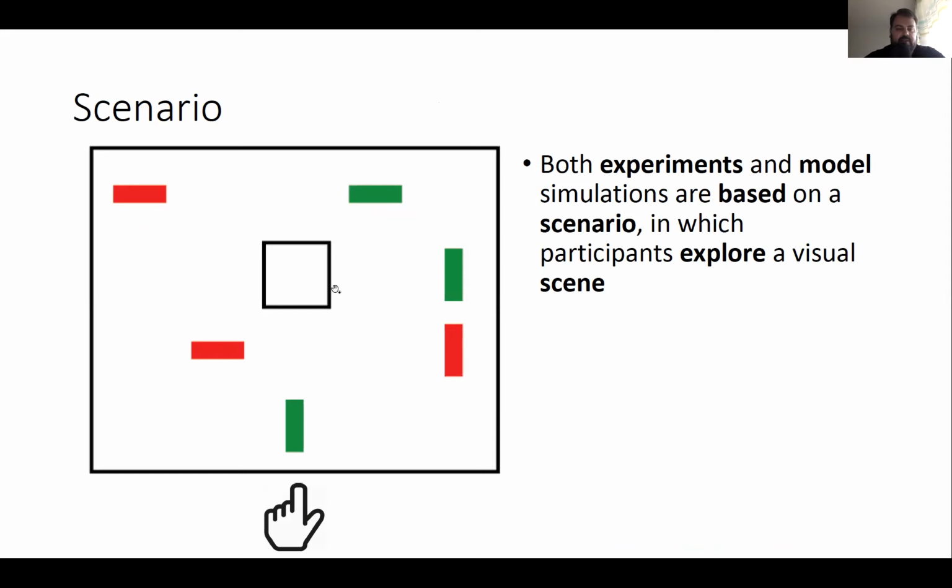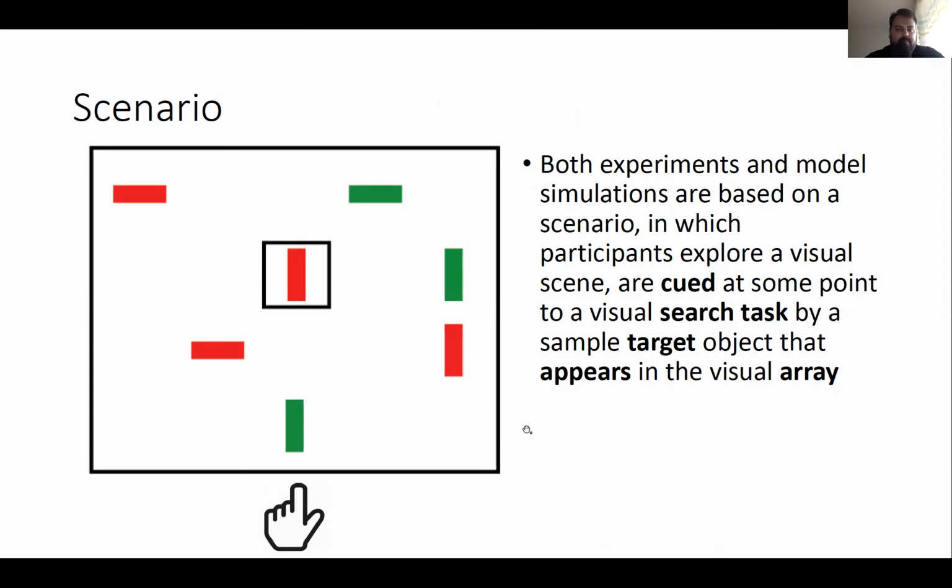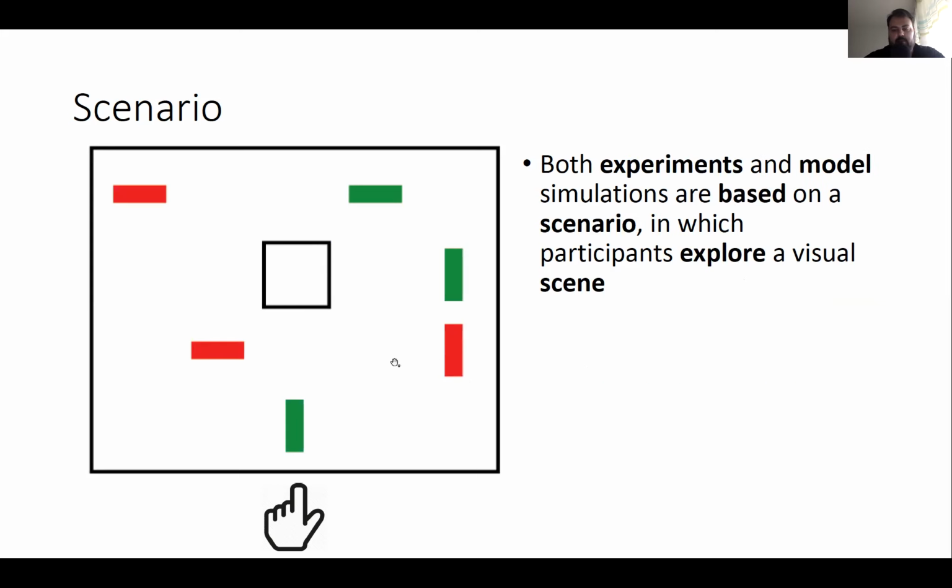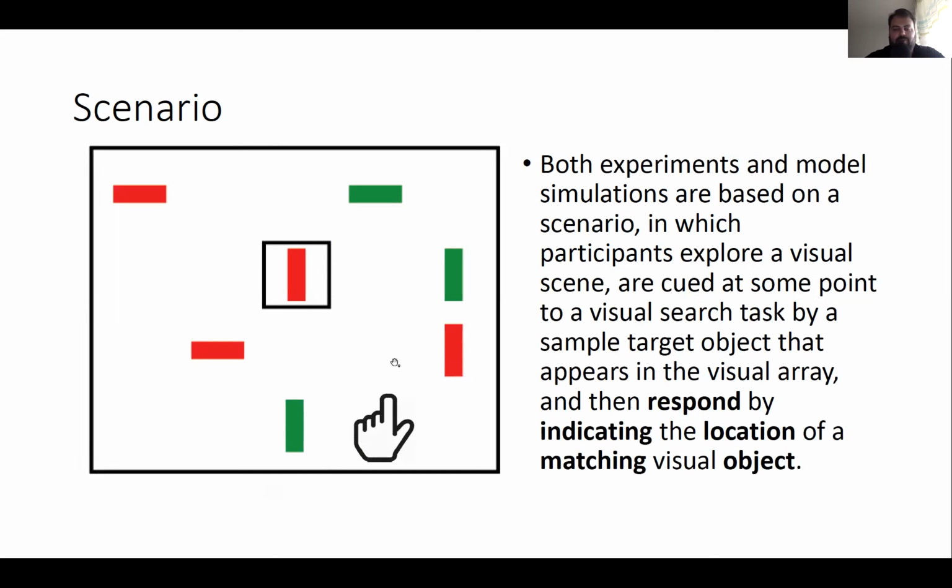There's a preview of a scene, and there is a marked place where after some time the target appears, and this target is the cue for the visual search. So we see that here's the target and here's the cue, and then people and the model had to respond by indicating the location of a matching visual object, meaning that this was a location task. That's also very important.